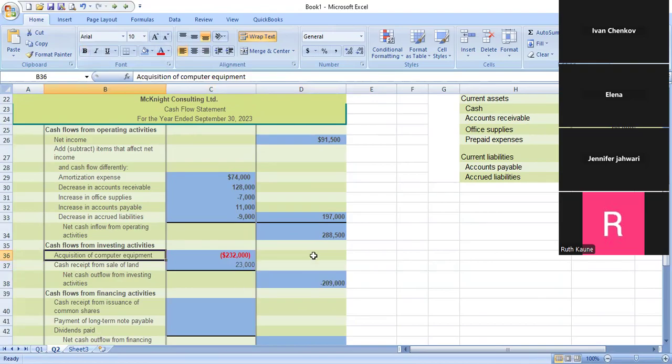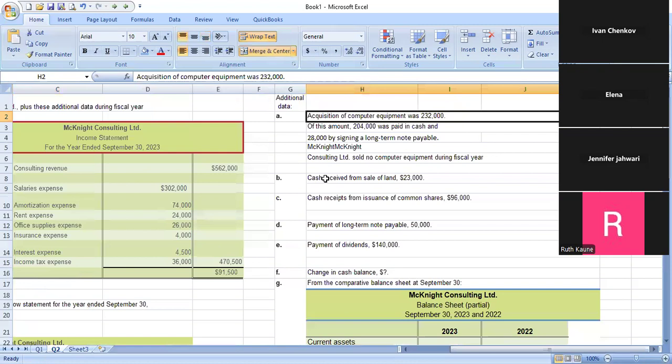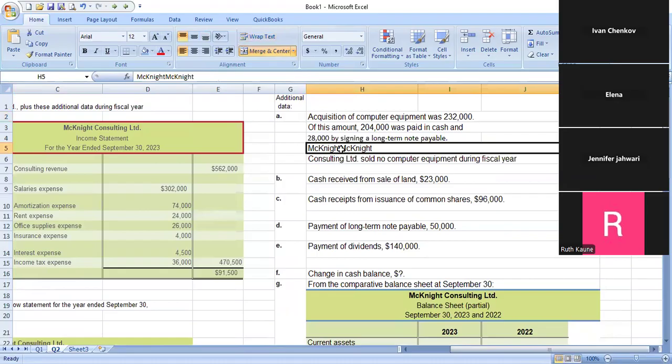Excuse me, Ivan, I have a question about acquisition of computer equipment. Can you show again, please, what we shouldn't subscribe to, 232 minus what cash paid? No, watch this. In the question, everything is going to be given to you. So technically, you don't have to calculate anything.